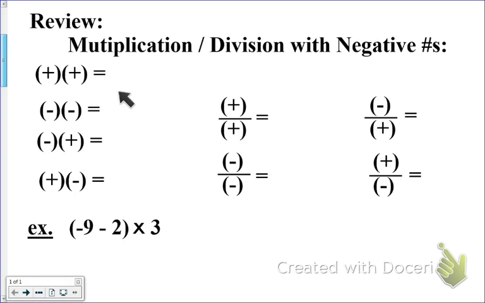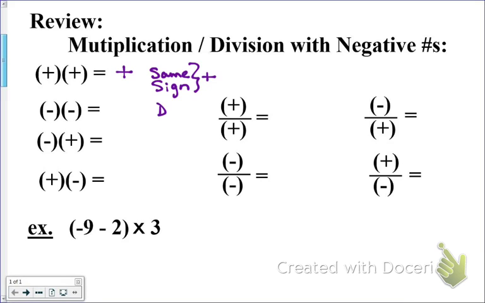So here we go. Let's review our multiplication and division with negative numbers rules, like what happens when we have two positives. If you have positive times a positive, where are we? If you have something that I call the same sign, then you're going to be positive.